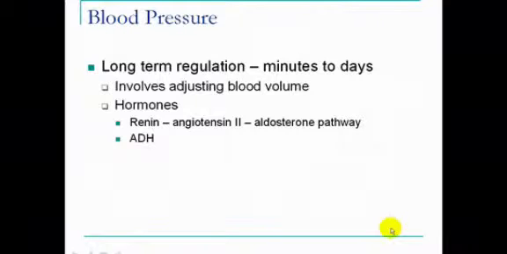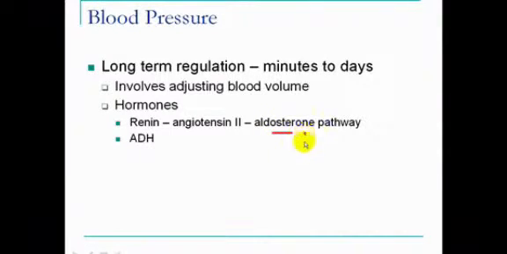And the way that it adjusts blood pressure, instead of focusing on vasoconstriction and vasodilation, it adjusts blood pressure by adjusting your blood volume. So the hormones that play a role in adjusting blood volume, remember, are aldosterone and ADH. Because remember, aldosterone, this is going to involve the kidneys.